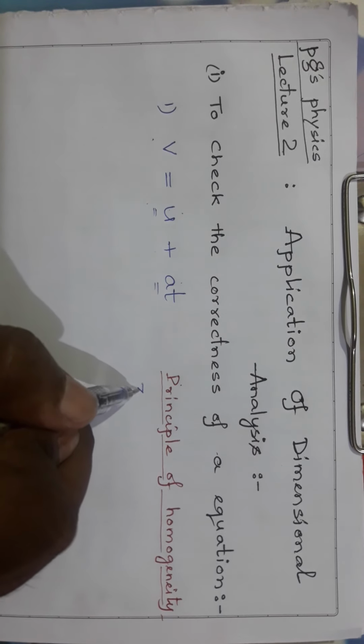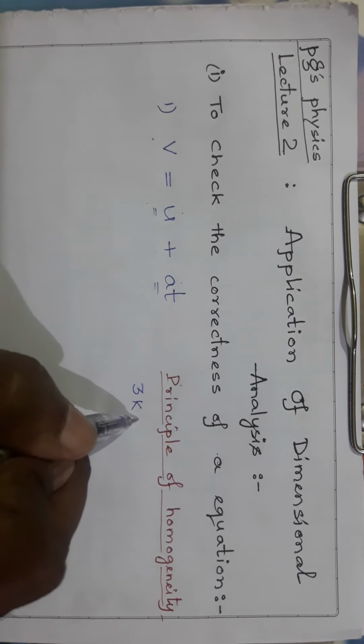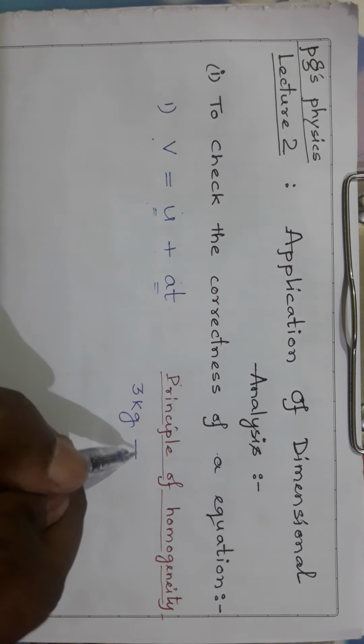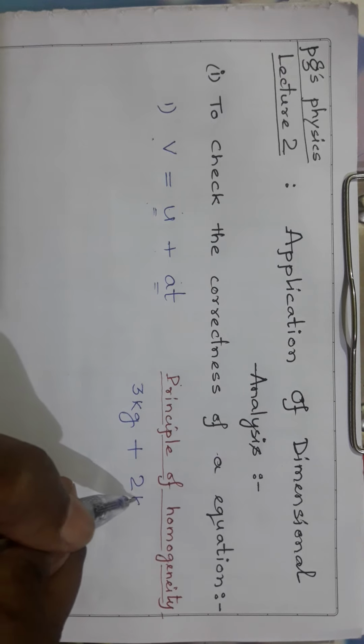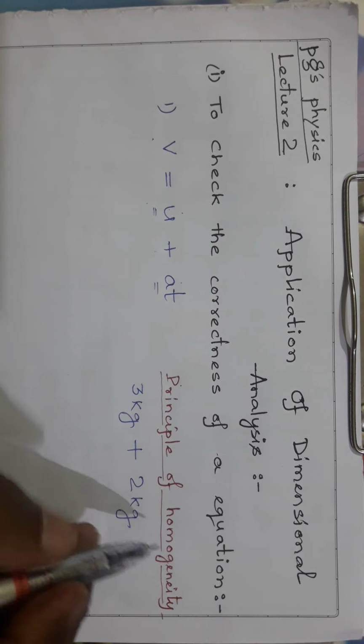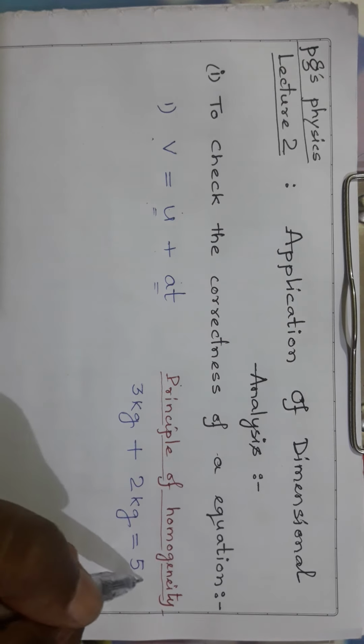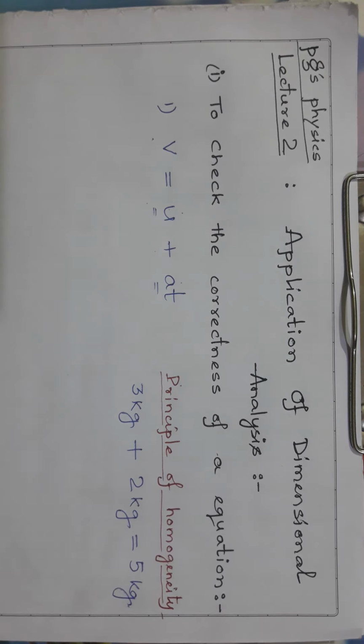Say 3 kg of an object can be added with 2 kg of an object, and the result is 3 plus 2 equals 5 kg.